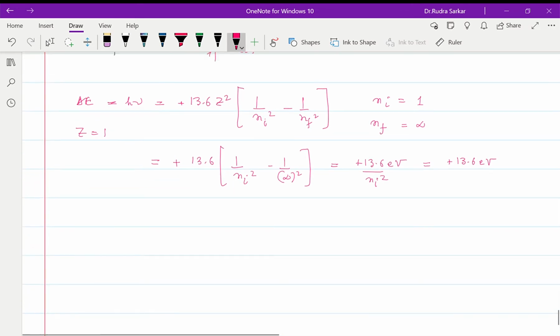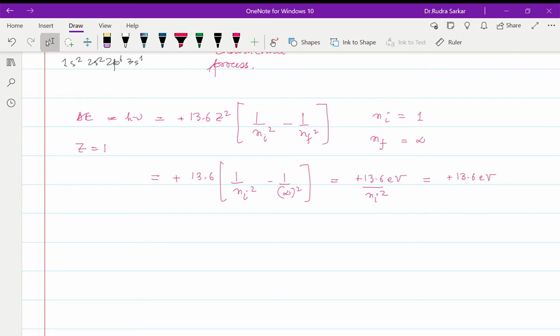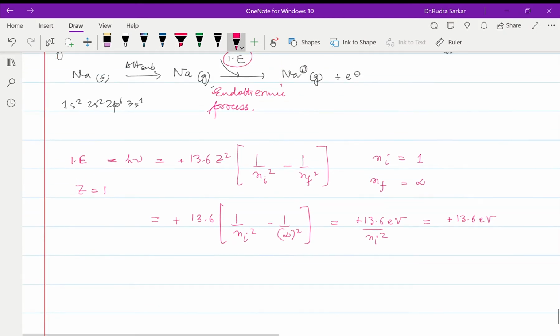Alright, now you have to understand. So this energy is now what? So you will call this energy to be the ionization energy. The energy that you supply to take the electron from this level to the infinite level will be called as the ionization energy, okay?